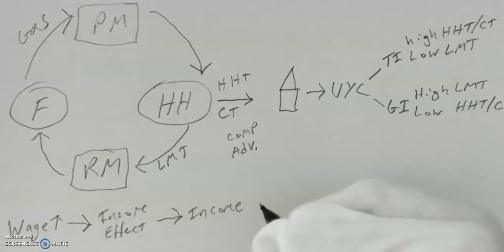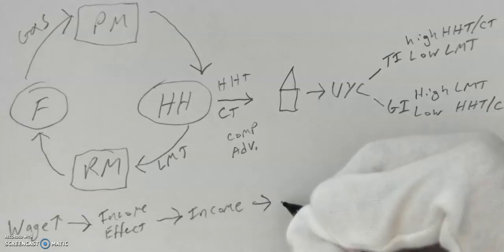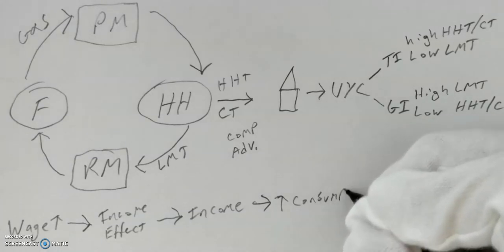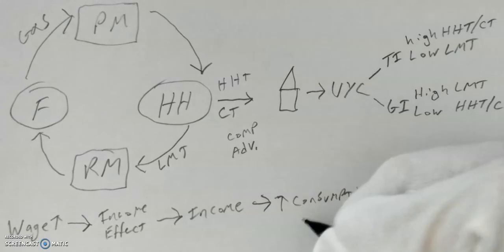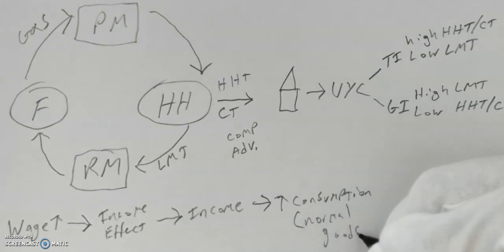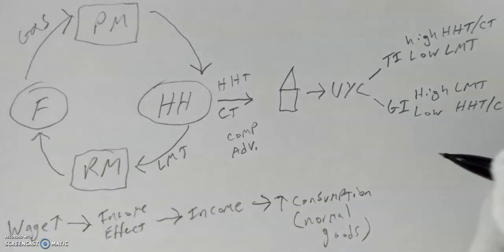And then that leads to an increase in consumption. But what? Normal goods. And normal goods are just any goods that go up with consumption. Well, in this model, Becker assumes that leisure is a normal good. And as a result, we're going to want to take more leisure.